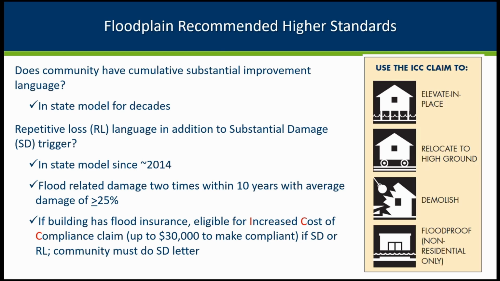We want people to be able to take advantage of that ICC money. I know of at least a couple communities here in the last year or two who did add in that language because they had some people who would have been eligible. They had been damaged more than twice in a 10-year period, but it wasn't in the local ordinance. So now if they get another flood, those buildings will be eligible to get that help in elevating the building.